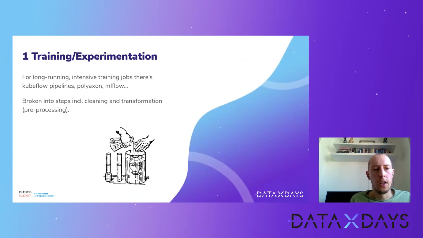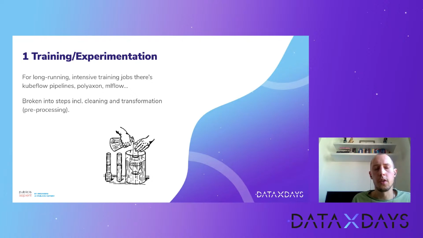So starting with training, there are tools available in this space, as I've mentioned already. We mentioned Kubeflow, and Kubeflow has a particular tool within its ecosystem called Pipelines. And then there are other tools such as MLFlow and Polyaxon, which we'll have a quick look at.